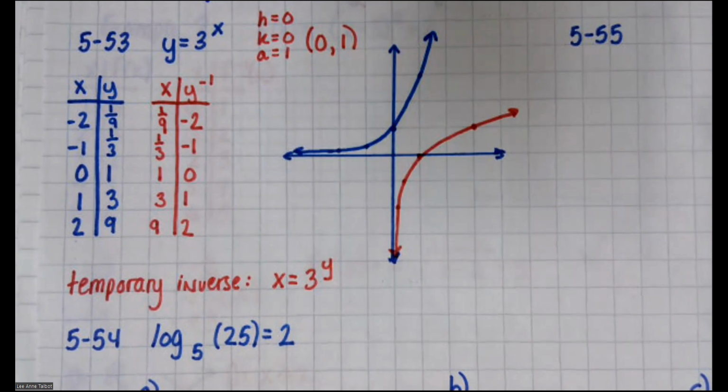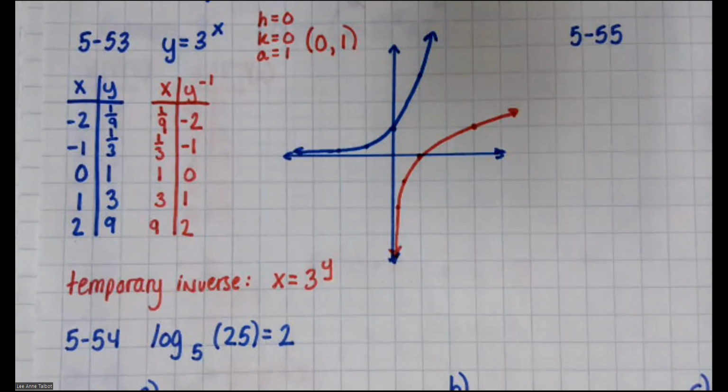So we need to do more to figure out how to put it in the graphing calculator. Are you with me so far? All we did was make a table off the exponential. We flipped the table. We can see what it looks like. We know that you flip the x and y in the equation, but we can't use that equation because all of our graphing calculator stuff says y equals.